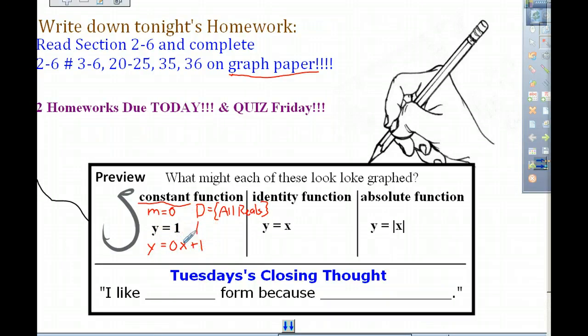What's the range? So what are all the possible answers here? Pick some negatives, see what the answers are. Plug in 0. What's the answer? Plug in positive. What's the answer? That's your range. So plug in some negatives. What do you get for an answer?